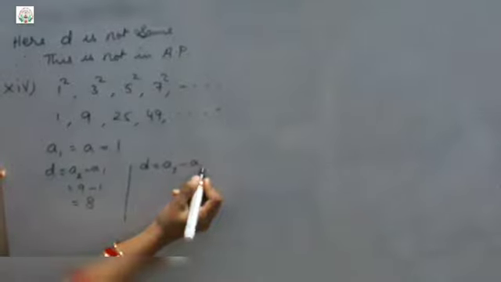Now another part we will find for the third and second term. That is d equals a3 minus a2, which is equals to 25 minus 9, which will be how much? It will be 16. So both the d's are same?